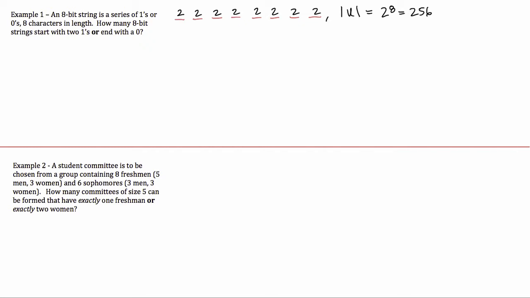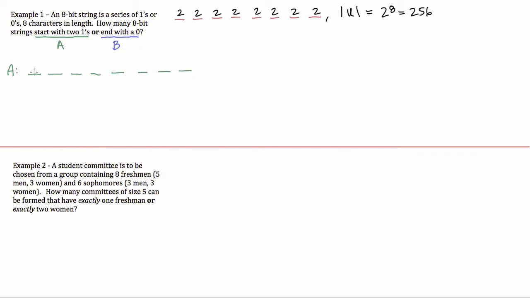Let's consider what the individual sets themselves are. The first set we have to consider are all those strings that start with 2 1s. I'm going to call that the set A. And then we will also need to consider all strings that end with 0, and I'm going to call that the set B. So if I'm looking at the set A, let's think about what its slot diagram would look like. You're starting with 2 1s, so we still have 8 slots here.